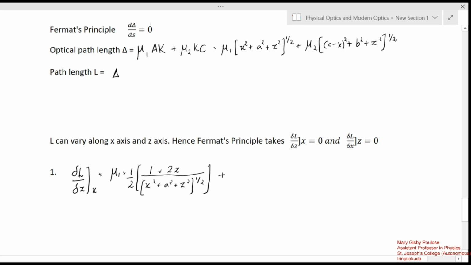plus the second term μ2 into 1/2 into 1 divided by ((c − x)² + b² + z²)^(1/2) into 2z. Okay, 2 and 2 cancel out.